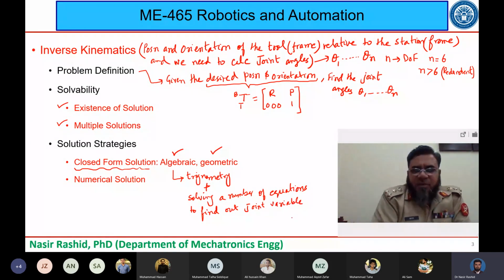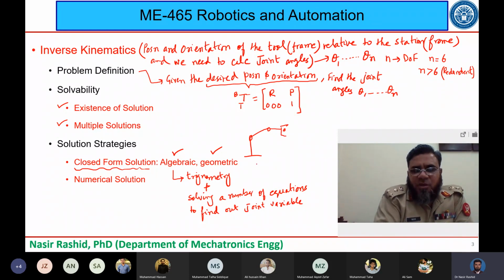ये equations कैसे बनेंगी? We are going to talk about these also. And then the geometric solution is that we draw the geometry. Let's see if in a space I want to reach at this place and I have a manipulator which has, let's see, like this.